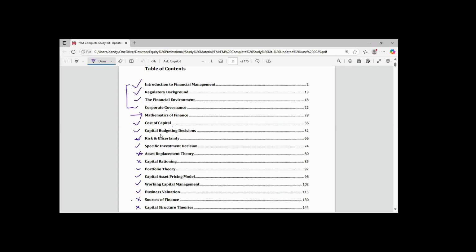We are different individuals. Our level of assimilation differs. Therefore, you must know what works best for you. Some people can read at night, some very early in the morning, around 3 a.m., 2 a.m., or whatever. So whichever one is more convenient for you is what you should adopt.